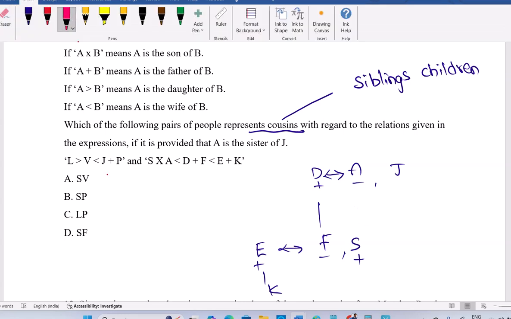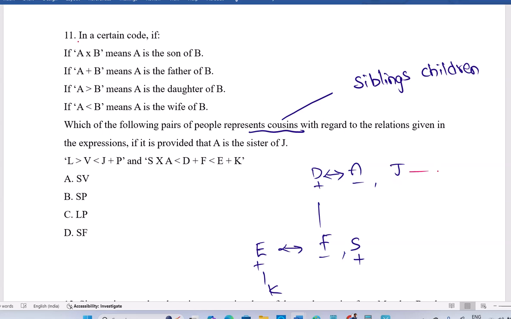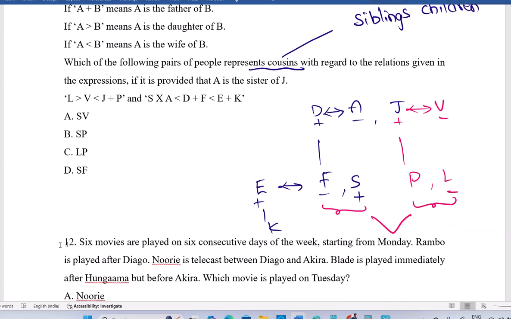Other data: L greater than V, V less than G. V is wife of J. J plus P, J is father of P. L greater than V, L is daughter of V. Now, these people and those people are cousins.